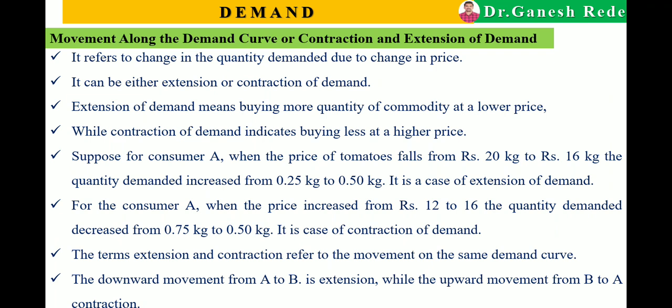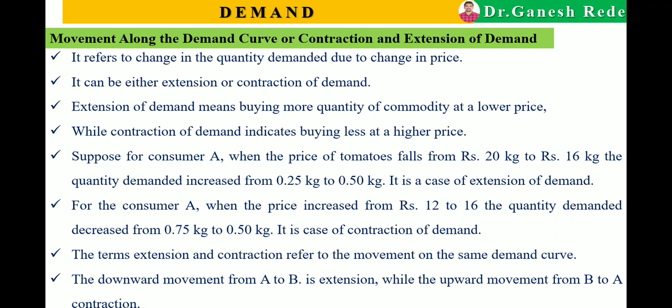So for consumer A, when the price of the good increases from 12 to 16, the quantity demanded will decrease from 0.75 to 0.50. That is the contraction. Opposite to that, the contraction of demand indicates buying less at a higher price. What is contraction of demand? Buying less quantity at a higher price.